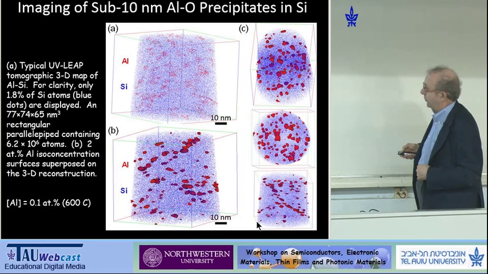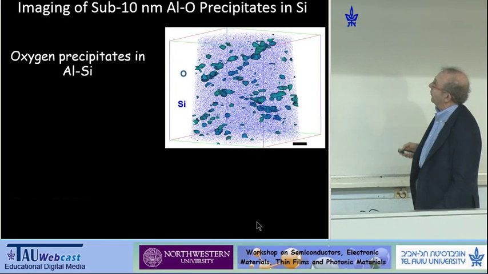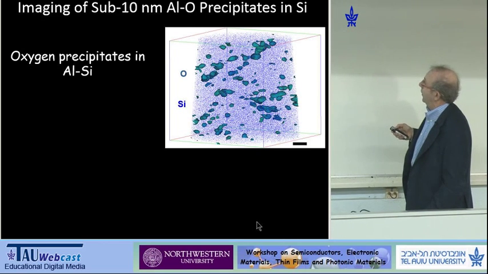These were processed at 600 degrees C, and it's about 1/10 of an atomic percent aluminum. The other thing that we found is oxygen precipitates, and we define them the same way as the aluminum precipitates, with an isoconcentration surface, which in this case is in this greenish color.